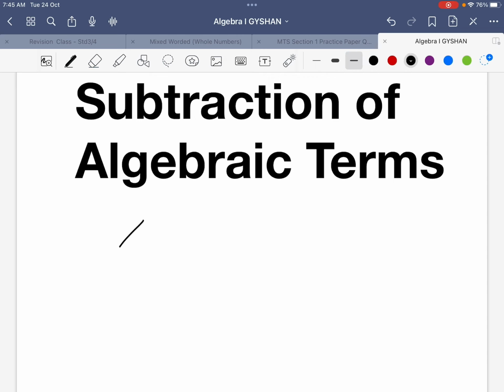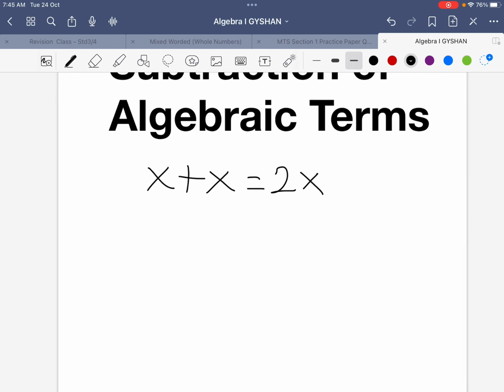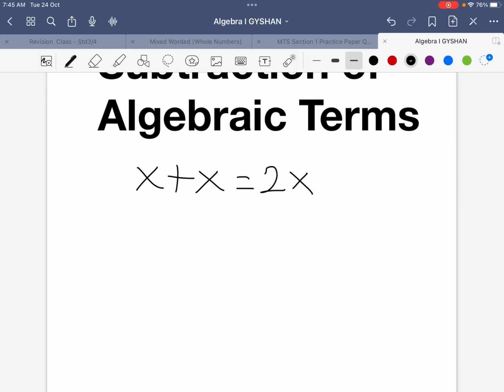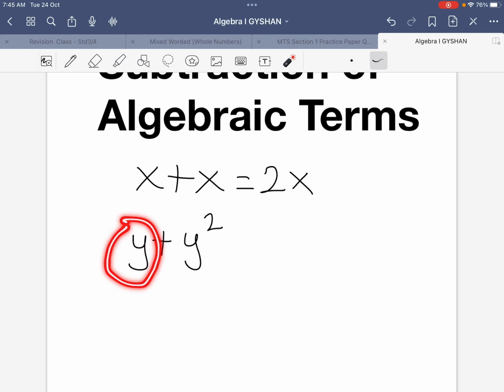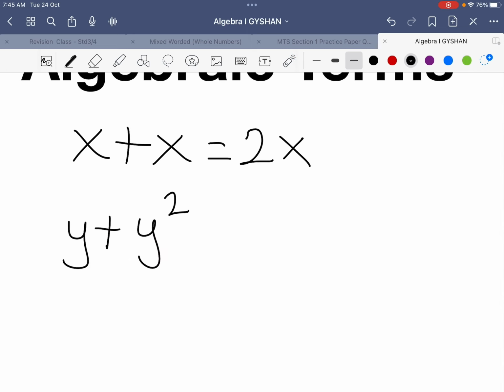If we have x plus x, we will get 2x. If we have y plus y squared, these two terms are considered different because one is y and one is y squared. So your answer will not be y cubed.